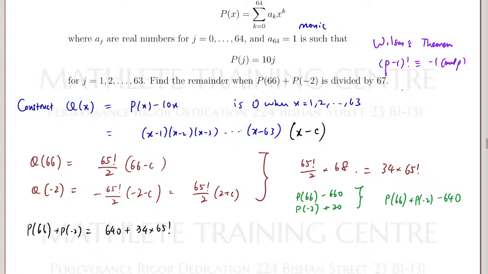As long as p is not equal to 2, wait, no, it also works for 2. But basically what I'm trying to say is that p minus 2 factorial is congruent to 1 mod p. The reason is that I'm just dividing by p minus 1 on both sides, right? So this is equivalent to Wilson's theorem, an equivalent statement. So when you put p equals 67, then 65 factorial will immediately have remainder 1.